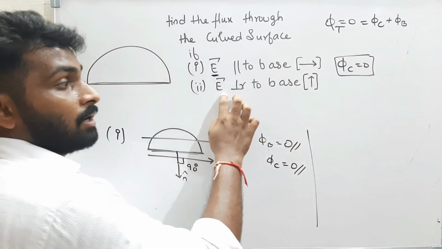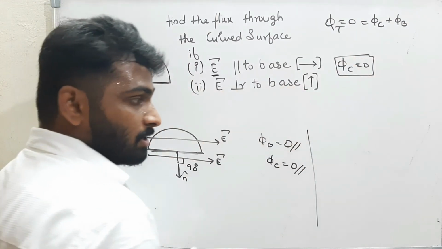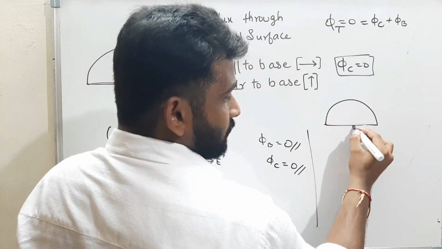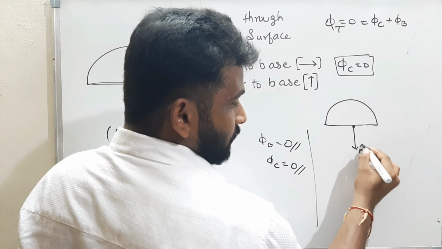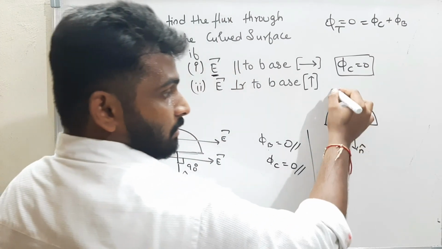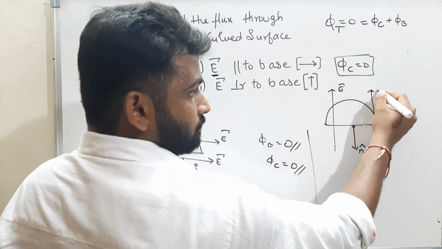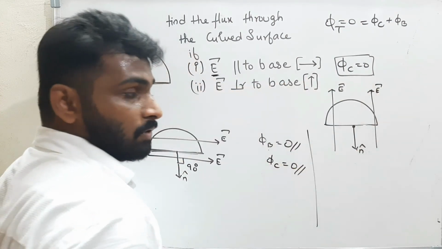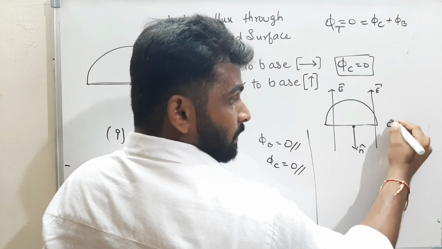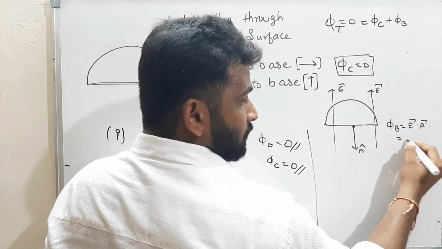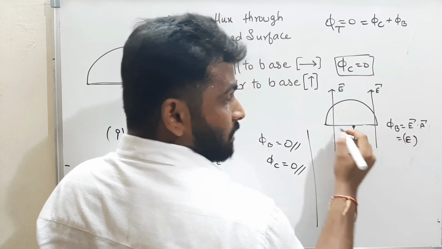Okay, now when the electric field is perpendicular to the base, that means like this. This is a spherical shell, this is the area vector n cap, and this is the electric field direction. Now what is the flux through the base? The flux through the base is E bar dot A bar, E into the area of the base.